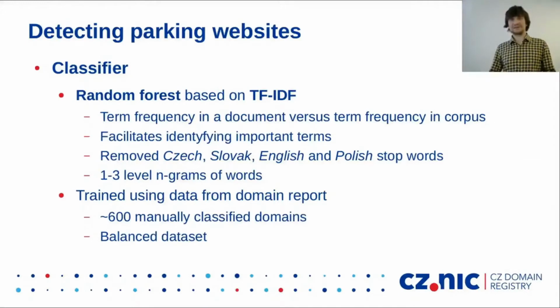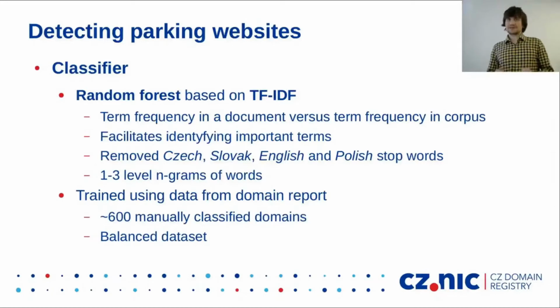So having those numbers, we are able to identify words or terms which are important for a document. And our dictionary consisted not only of words, but of so-called n-grams, which means phrases of length up to 3 words. And we, of course, did some more pre-processing, such as removing stop words.